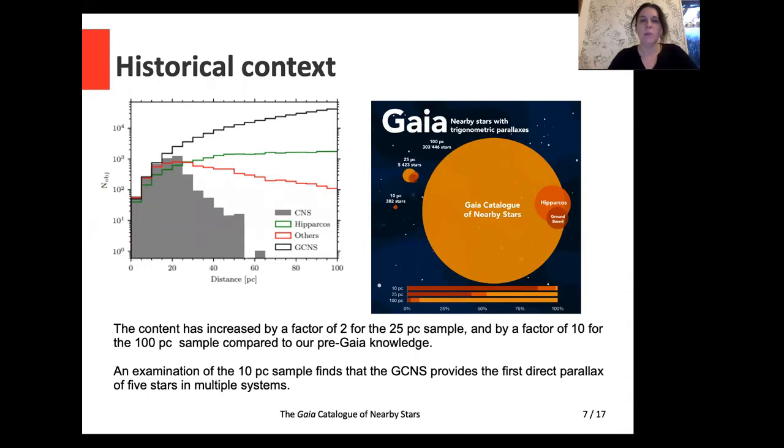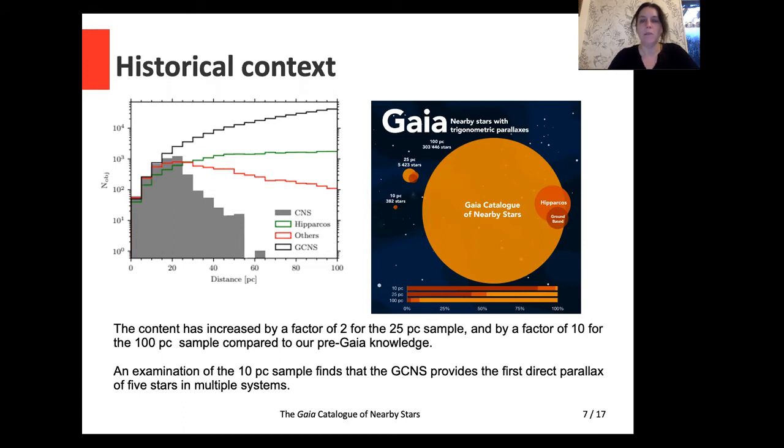We believe that we know all stars within 10 parsec, as this is a zone of intense study for a long time. The pre-GCNS census contains 378 stars inside 10 parsec, and the GCNS found over 90% of those expected. Most of the missing stars in GCNS belong to binary systems. The current Gaia pipeline is only applying a single star solution.